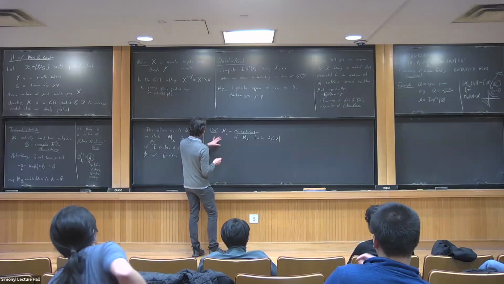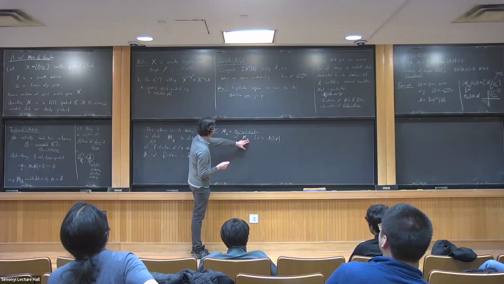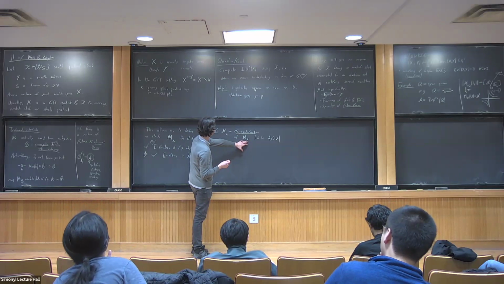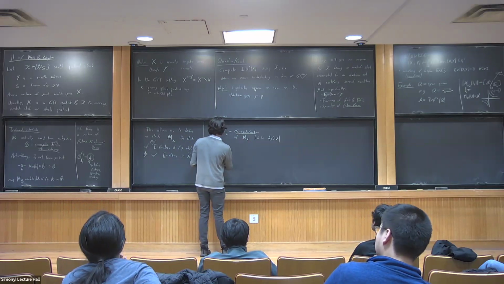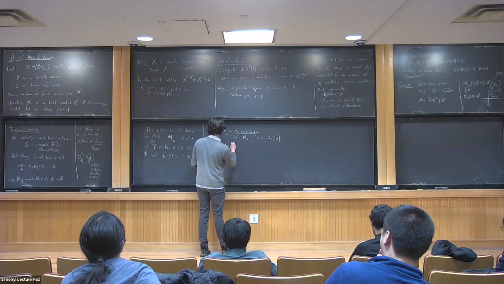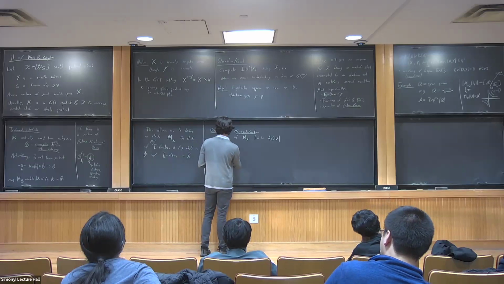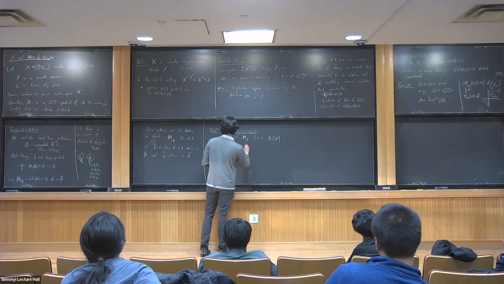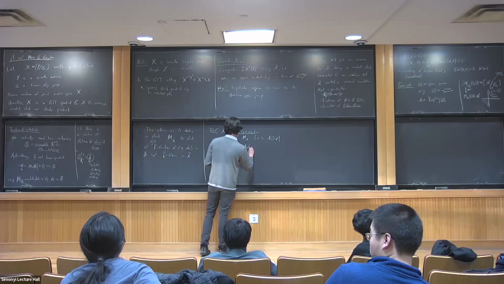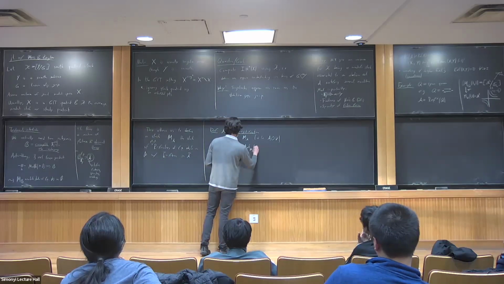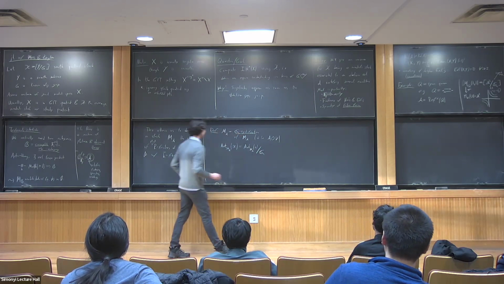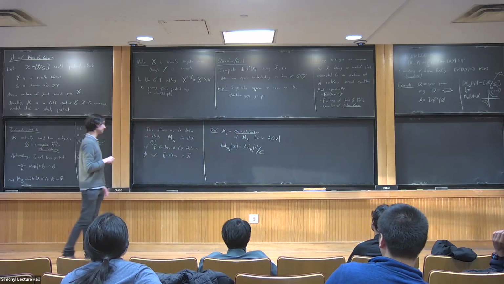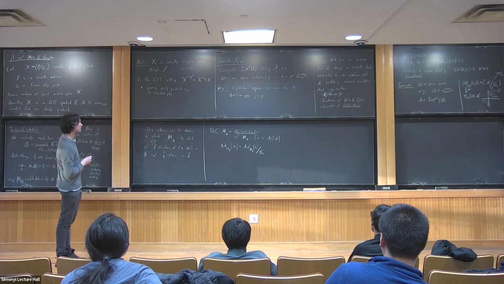This means that the rigidified stack, roughly speaking, has the same objects as the blackboard bold MA, but the automorphism groups differ. So you're just dividing by GM. You're dividing away the trivial scalar automorphisms. Then you have to sheafify or stackify again to get a well-defined stack, but that's roughly speaking what one does.